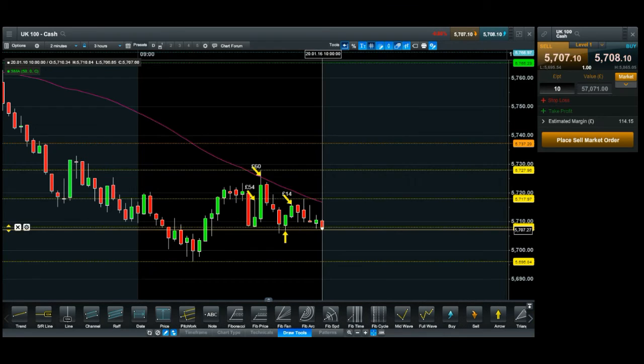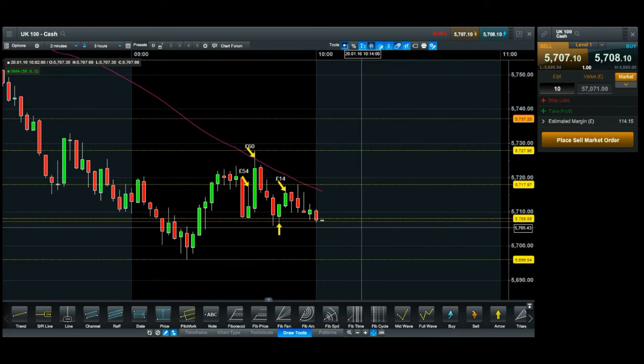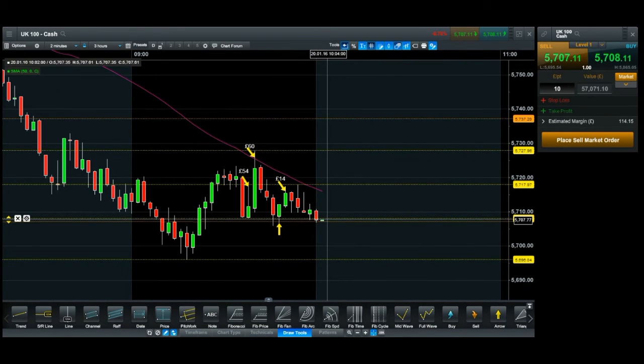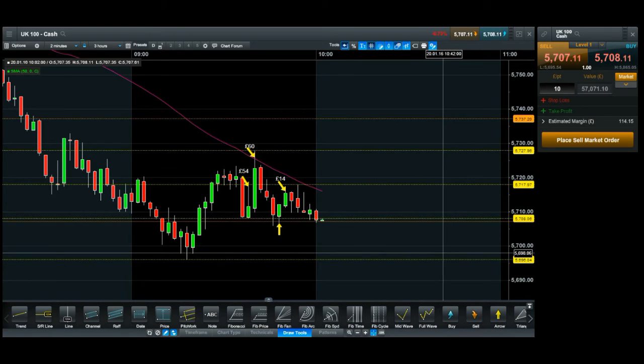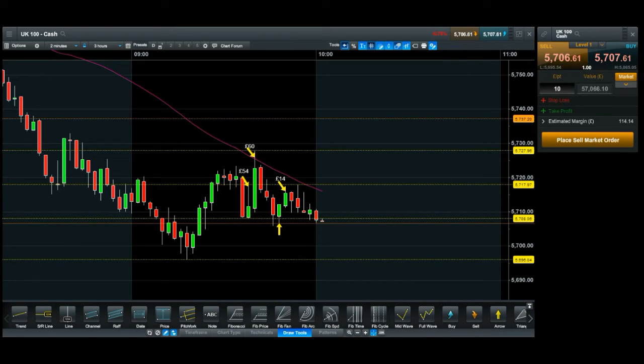The more it's hitting the support, the weaker it gets. Now that is a signal of selling. Okay, but I will wait a little bit longer. Okay, it looks like the support now has become a resistance.